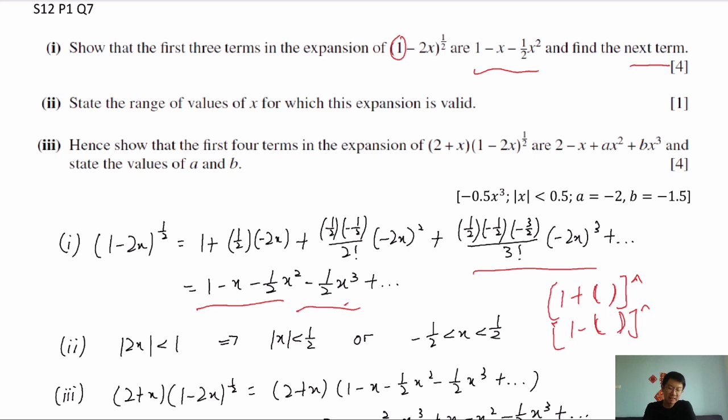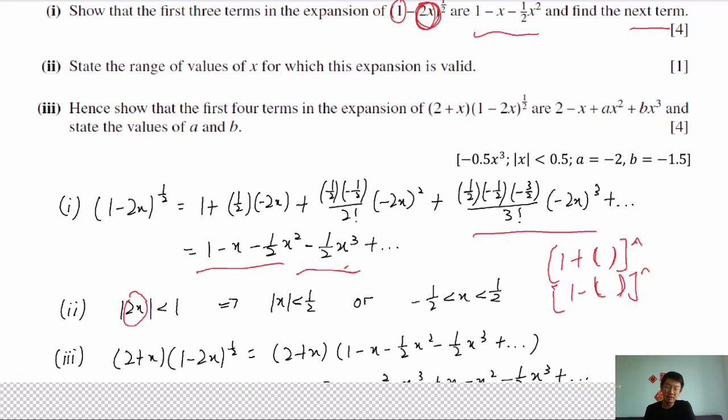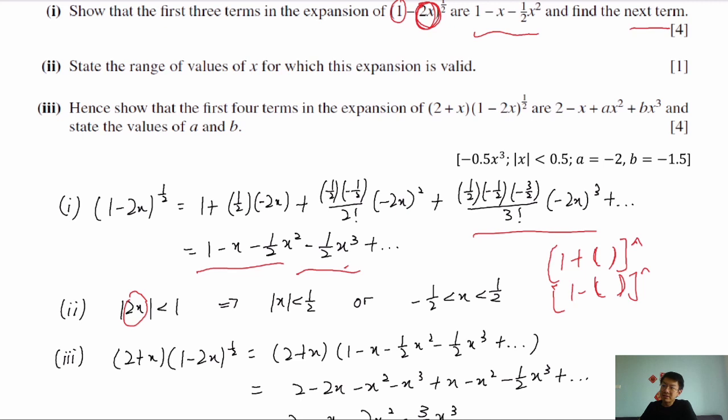In this case we have 1 − 2x, so we make the modulus of 2x less than 1. From there, we have that the modulus of x is less than half; we just move the 2 over. Or if you want to open up the modulus, we can also write the validity of the expansion in this form. Either one will do.